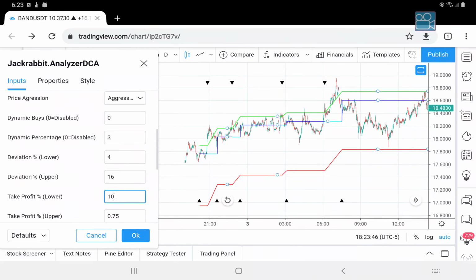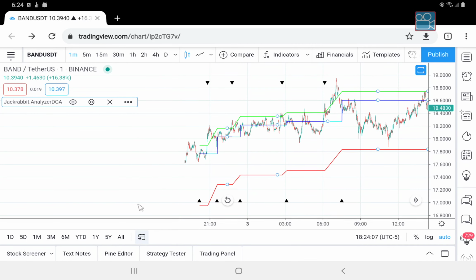Let's see if TradingView's caching system is screwing me up. And it probably is, because it shows here that it started to trade and got out, but this isn't the first cycle. So let's see if I can trick the system.